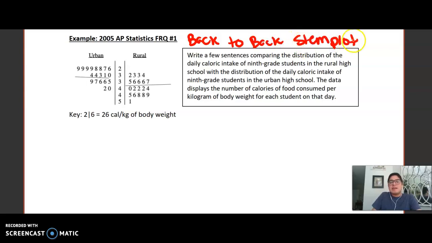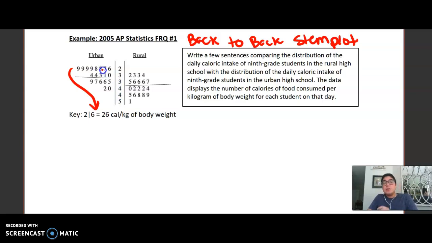Now, on a back-to-back stem plot, you always need to tilt it on its side. So for example, if I'm going to look at it here, well, the rural one looks approximately symmetric. But if I look at the urban, I'm tempted to say it's skewed left, because if I were to draw on this, I would say, oh yeah, tilting my head, the tail's going to the left. But even aside from just looking at it, let's take a look at how the numbers are comparing. Notice the numbers are increasing in value.